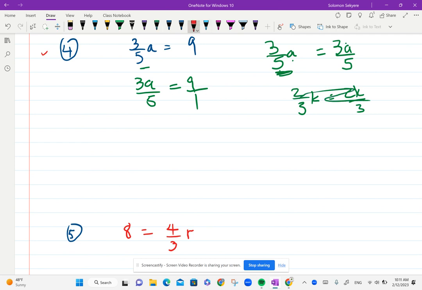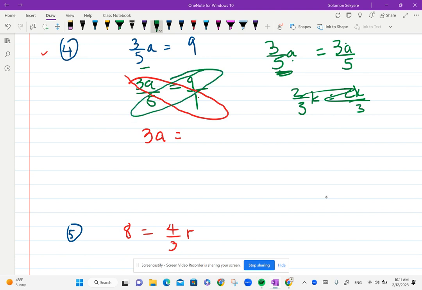Where is my variable? It's right here. I'm going to do that first: 3a times 1. Any number times 1 is the number itself, so it's 3a. I write that first on the left. Then I come over here and write what it should be equal to: 5 times 9. So we have 3a equals 45.